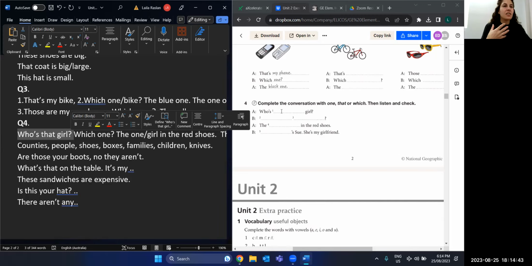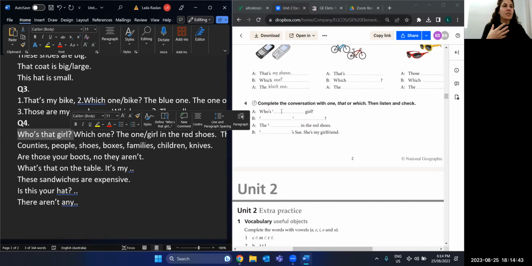Shoe, shoes. Box, boxes. Family, families. Child, children. Knife, knives.